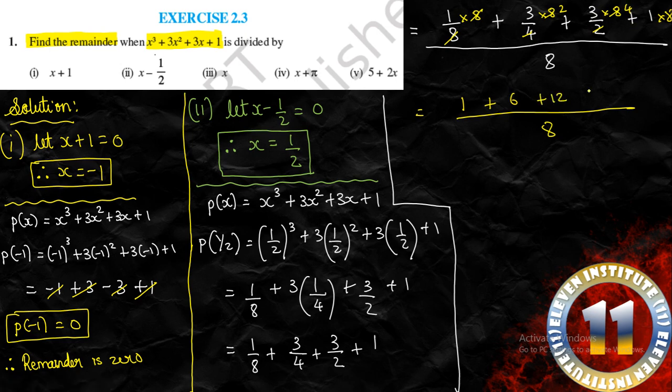And here we have 8 1s are 8. So 8 plus 12 is 20, 26, 27. So our answer is P of 1 upon 2 is equal to 27 upon 8, which is our remainder.